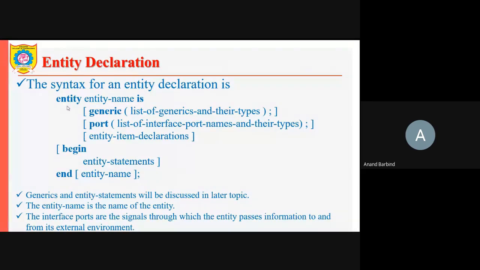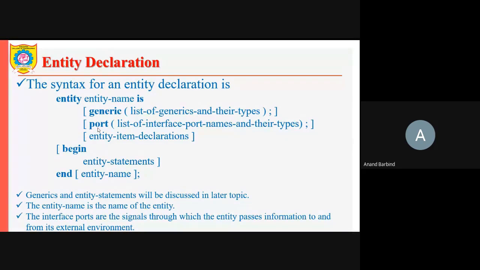Then the entity can be declared in this fashion: entity, then you can use any identifier to name that particular entity, then is. Then in this entity declaration, you can declare the generic, that is the list of generics and their types.